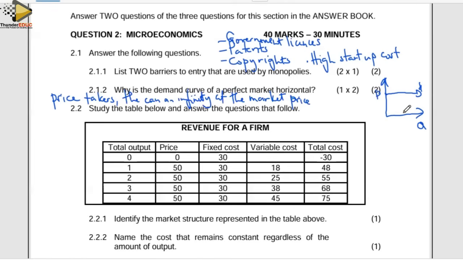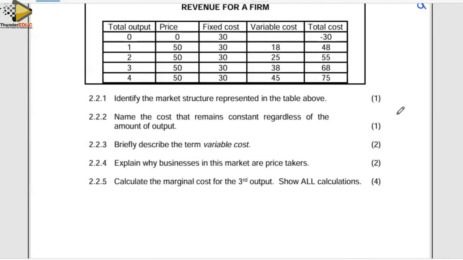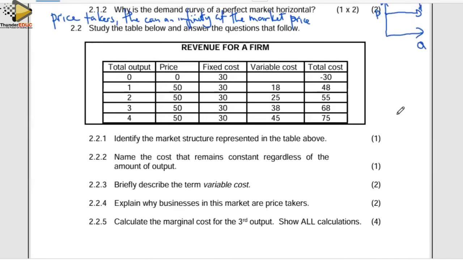Right. Then we move on to question 2.2. 2.2 is a cost schedule, which has got an output, price, fixed, variable, and total costs. By merely looking at it, you can identify the market structure presented in the table. For us to be able to see the market structure, we check on the price.